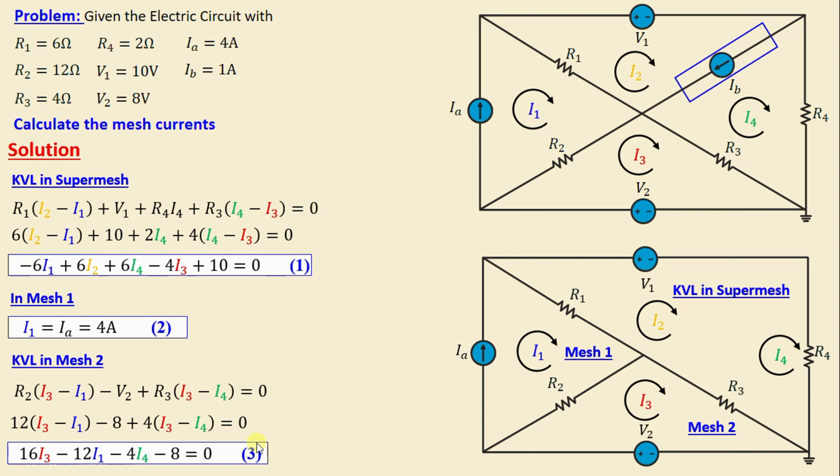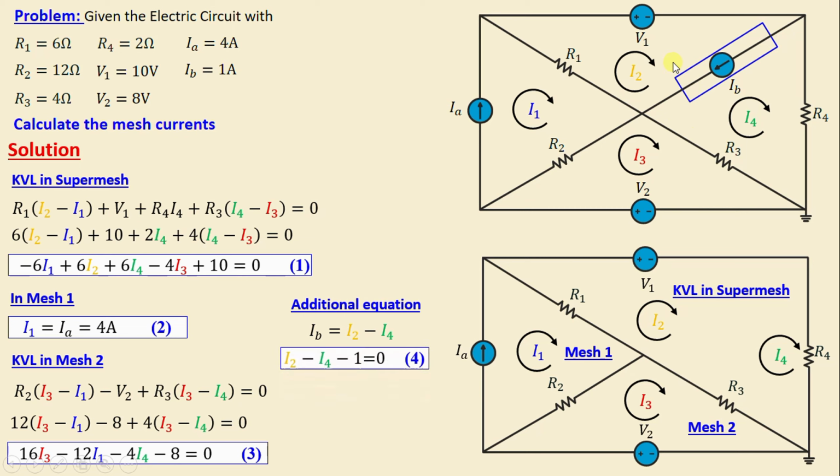We currently have 3 equations with 4 unknowns, which means we require 1 additional equation to solve this problem. In order to get this equation, let's focus on the current source IB. We can write IB is equal to I2 minus I4.